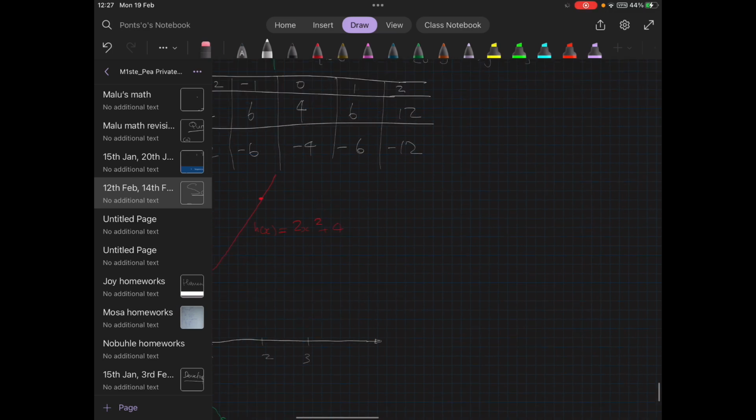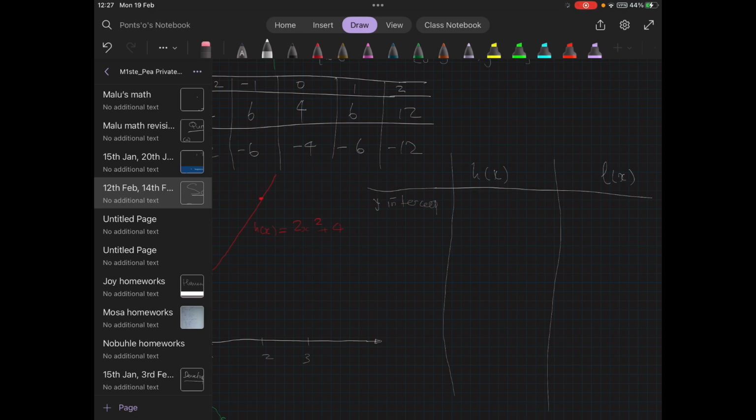Alright. Let's do a table quick. So I'm making a table. You can make one if you like, but it's just so you can navigate.